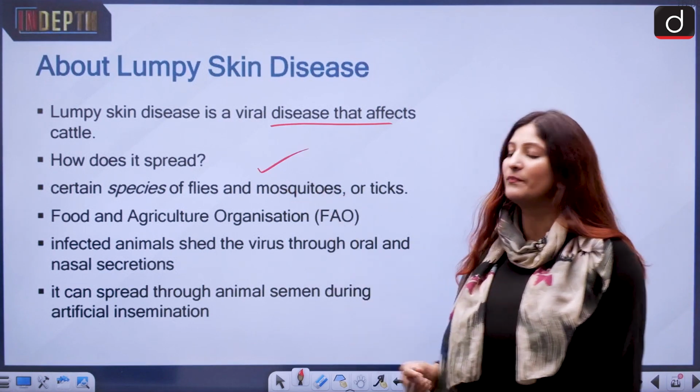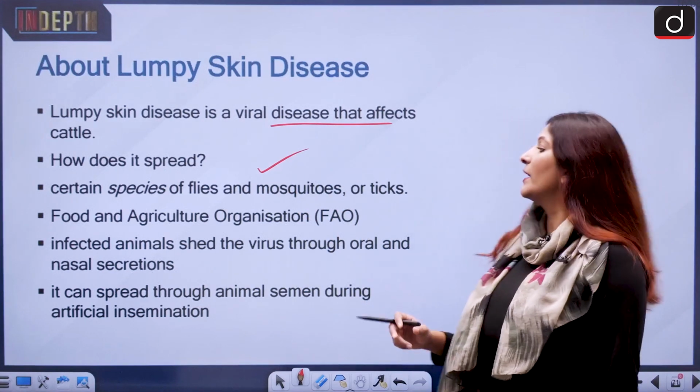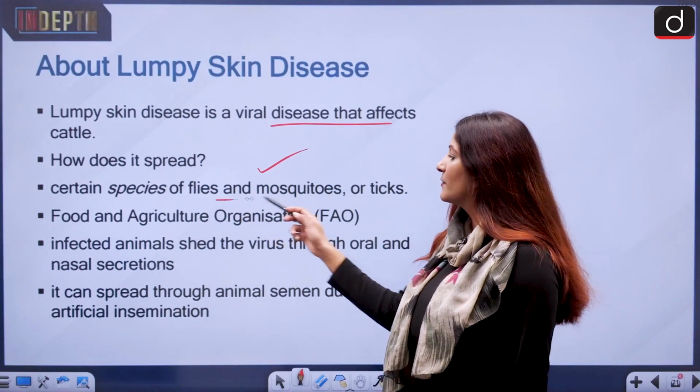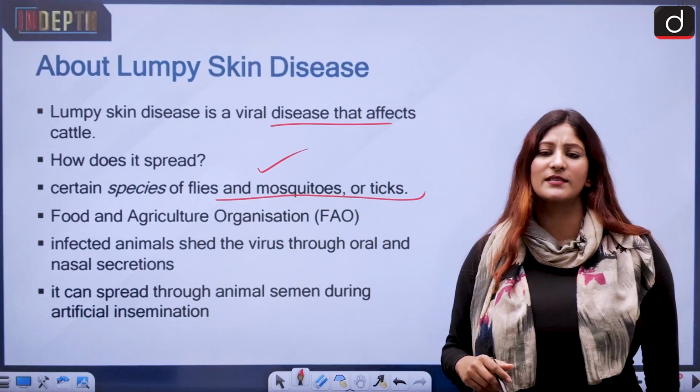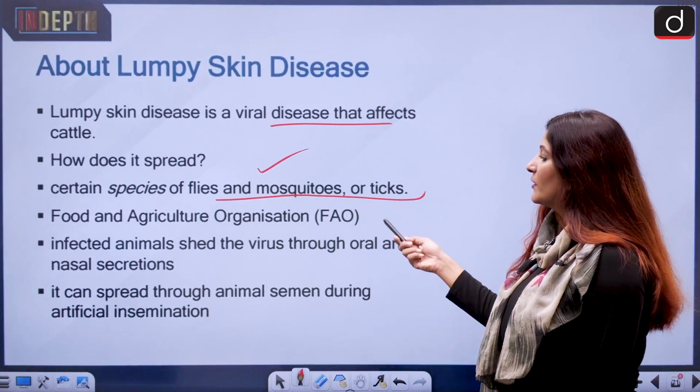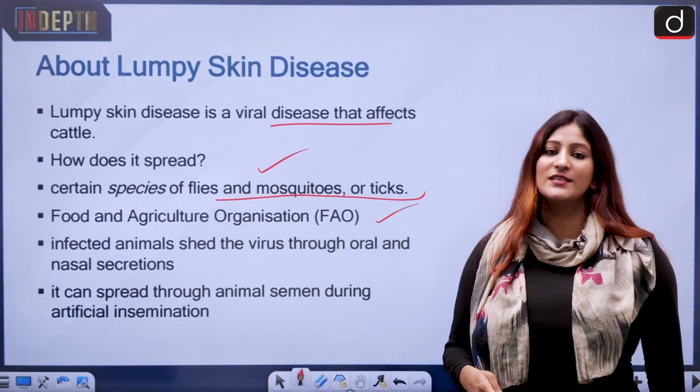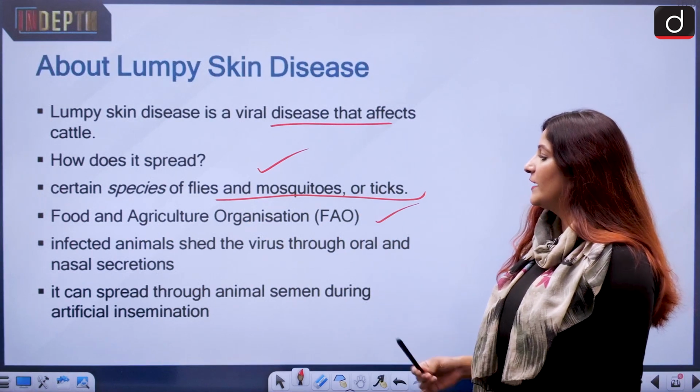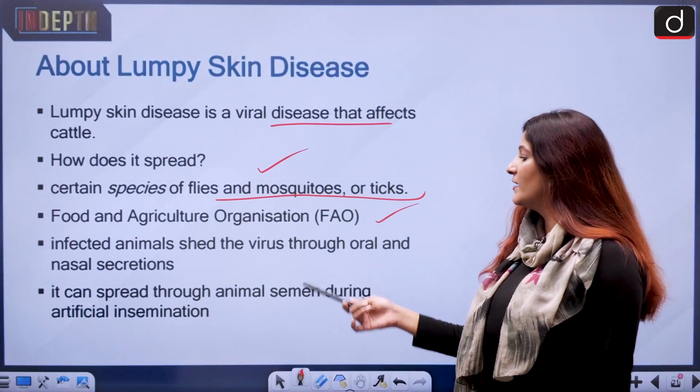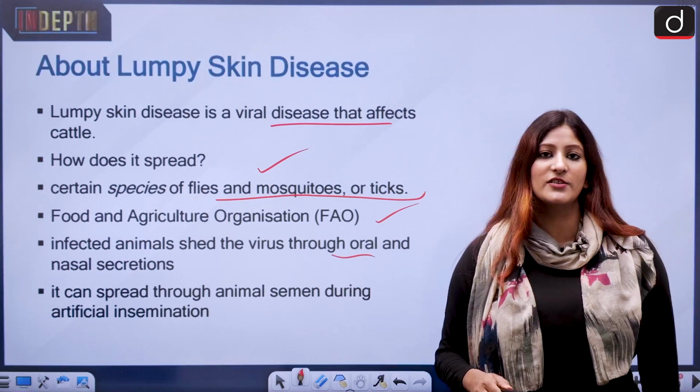How does it spread? Through certain vectors, such as species of flies, mosquitoes or ticks. These are blood-sucking vectors. The Food and Agriculture Organization, a UN agency, has said that infected animals shed the virus through oral and nasal secretion.